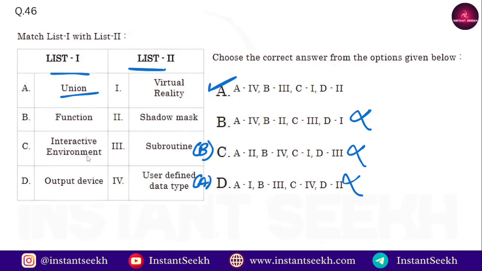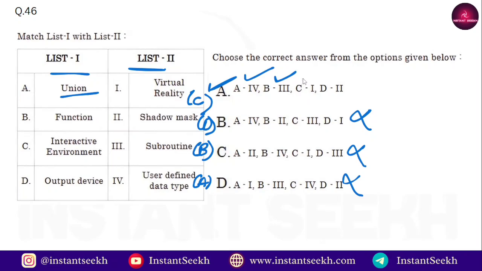Interactive environment is what? Interactive environment is virtual reality, and output device is a shadow mask. If you are able to guess any two, you should be able to eliminate and choose the correct option. So option A goes to 4, that is, union is a user defined data type. Option B goes to 3, that is, function is a subroutine.